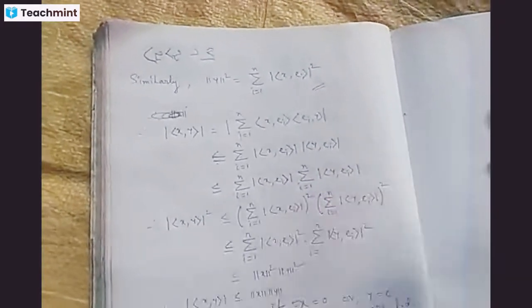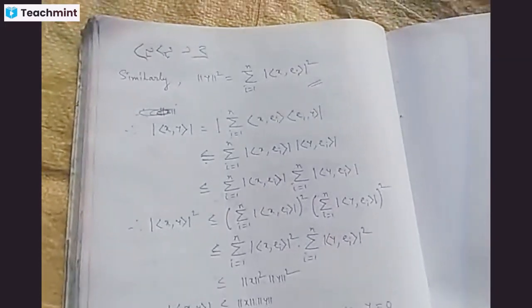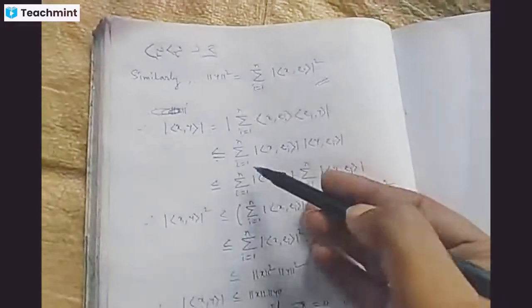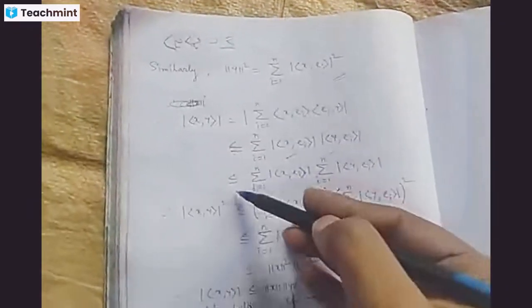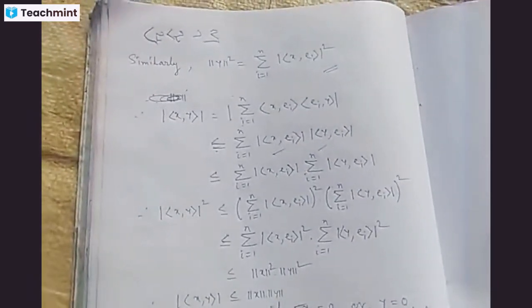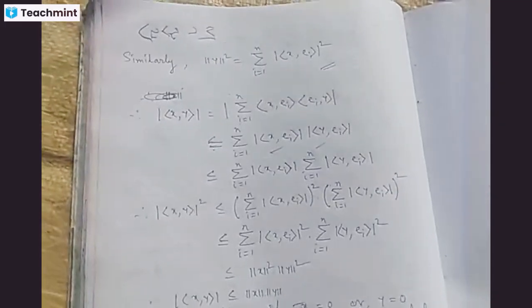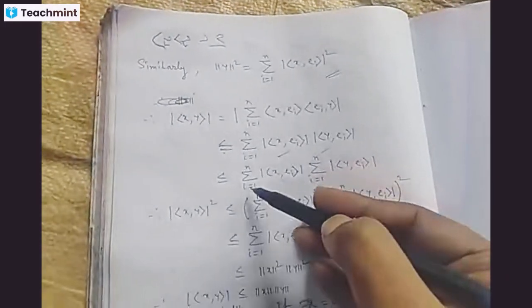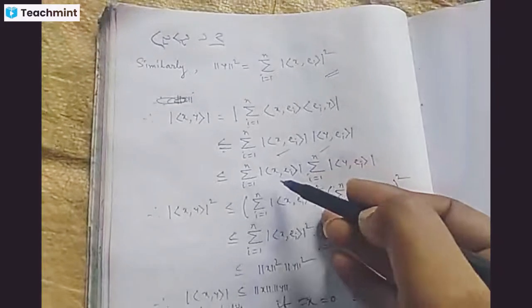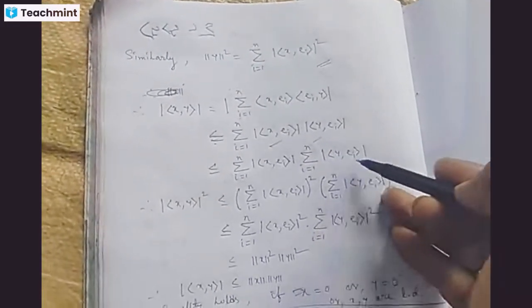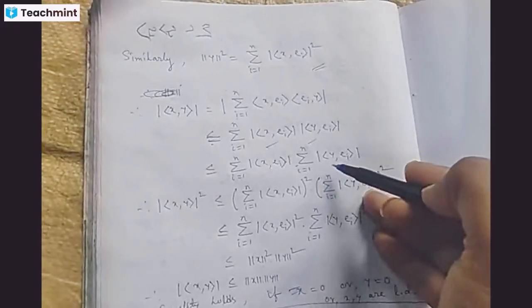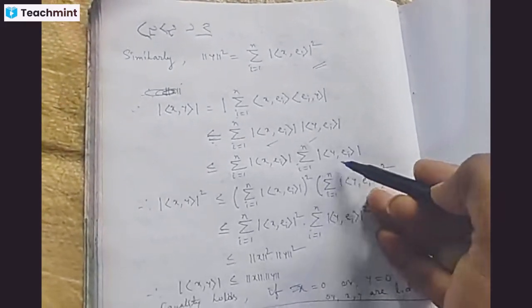Now again we have to take less than or equal to, because we'll take the summation on both of those two terms. So we have to take again less than or equal to, and equal can also exist, and less than can also exist. So this can be further written as summation i equal to 1 to n of mod of the inner product x e_i, times summation i equal to 1 to n of mod of the inner product y e_i.